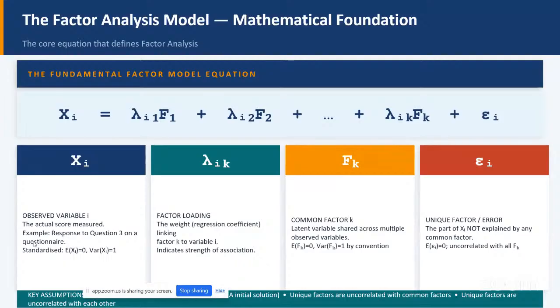The assumptions for each are that the expectation of Xi is 0 and the variance of Xi is 1, and similarly for F, the expectation of Fk is 0 and the variance of Fk is 1. And this is the error part I have explained, and similarly the expectation of the error part is 0, and it is uncorrelated with the factors.